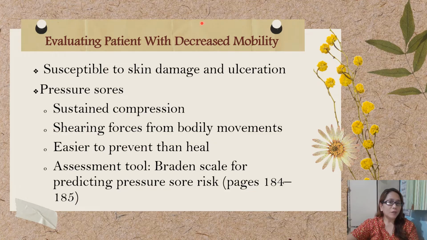You have to take note of the risk factors for pressure ulcer like decreased mobility, decreased sensation, cannot feel the pain anymore, cannot feel the touch, decreased blood flow from hypotension or microvascular problem such as in diabetes, fecal or urinary incontinence, hindi na kayang umihi or dumudumi na lang sa diaper.